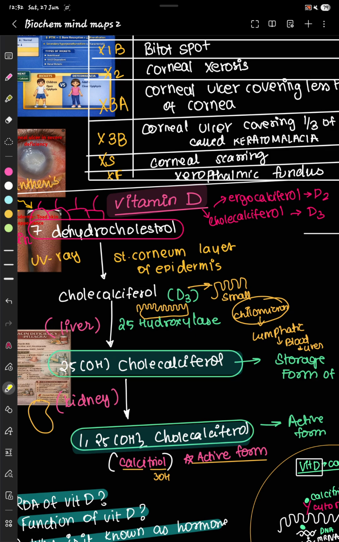Now that we know it got stored, the active form of vitamin D is calcitriol, that is 1,25-dihydroxy cholecalciferol. See, there is an alcohol in 3 positions, right? That's why it's called calcitriol. This is the active form.